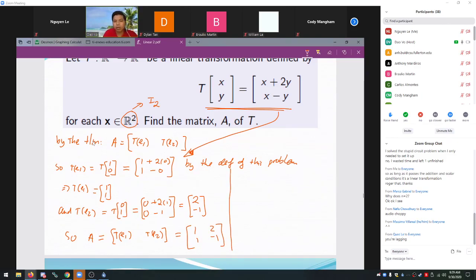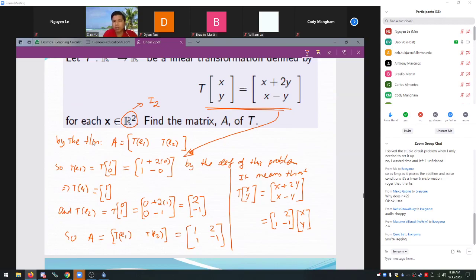Now, what does that mean? It means that T of (x, y), which equals (x plus 2y, x minus y), can be rewritten as the matrix [[1, 2], [1, -1]] multiplied by (x, y).